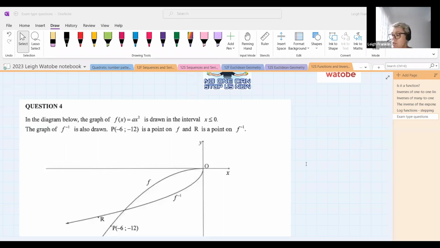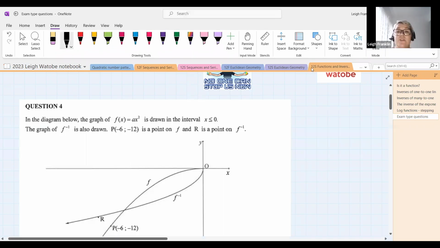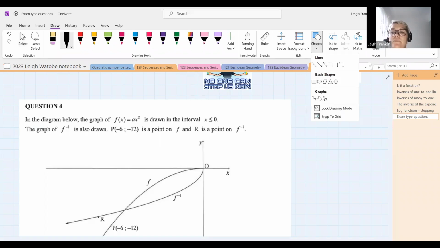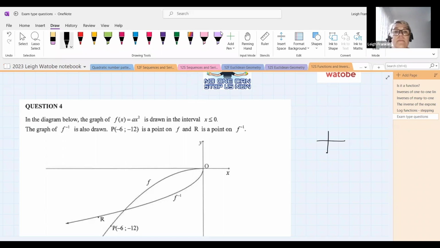All right, so just to put things into perspective, this is essentially what you are looking at. Let's draw a set of axes just very quickly. Just drawing it very small, and imagine you have got a parabola that does that, and then you have got a parabola, the inverse of this, which does this.